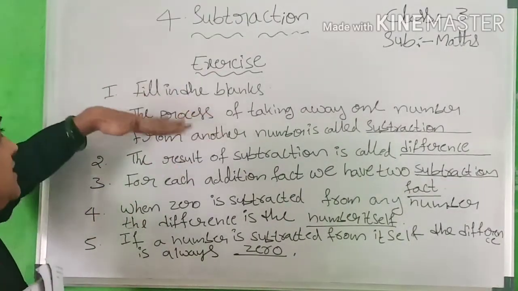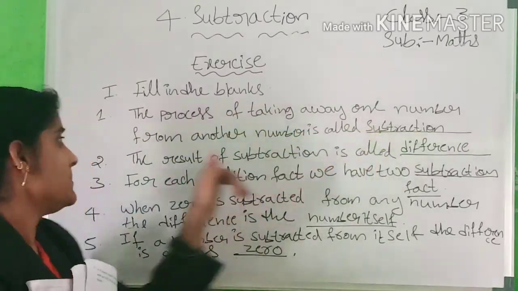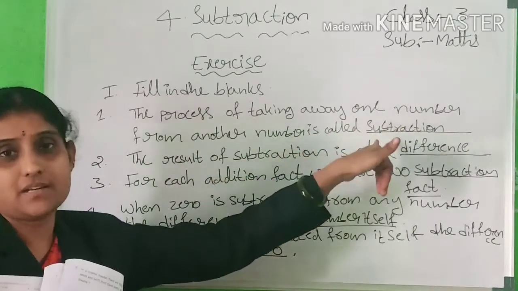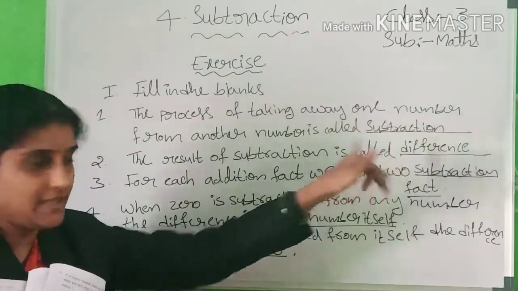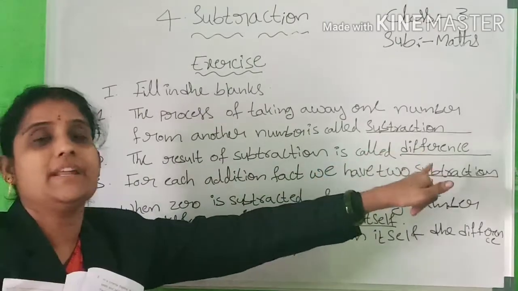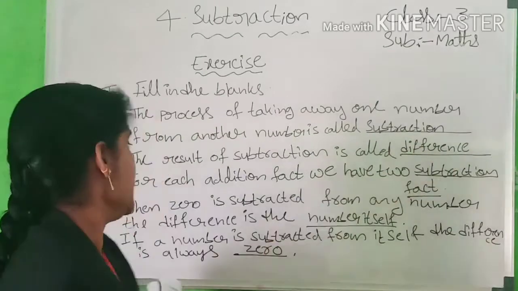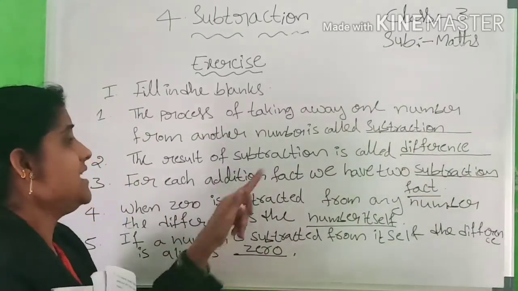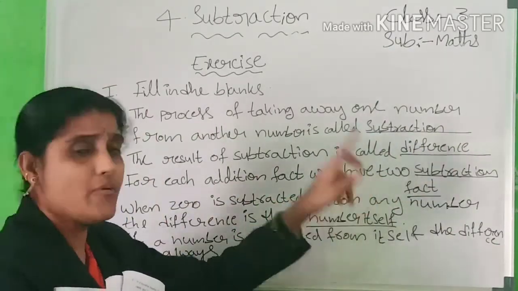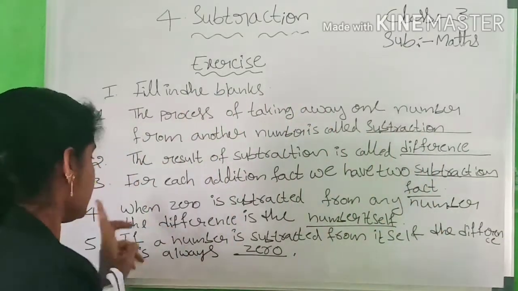Look here, first bit. Fill in the blanks. The process of taking away one number from another number is called subtraction. The result of subtraction is called difference. From each addition fact, we have two subtraction facts.